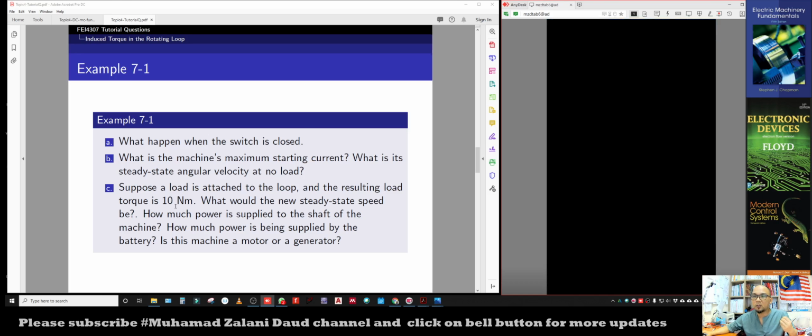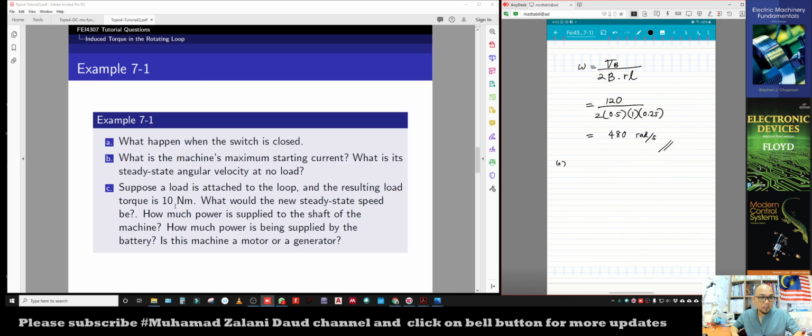So we have the load of 10 newton meter connected to the shaft. All right, let me just redraw this particular machine to illustrate the third question. So we have this particular machine rotating at omega, and after some instant I connect the 10 newton meter load.